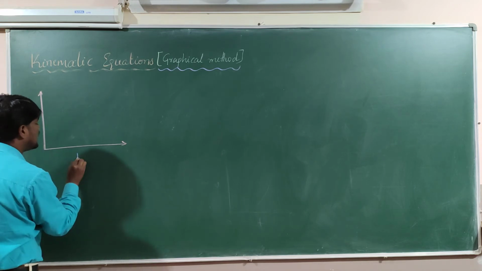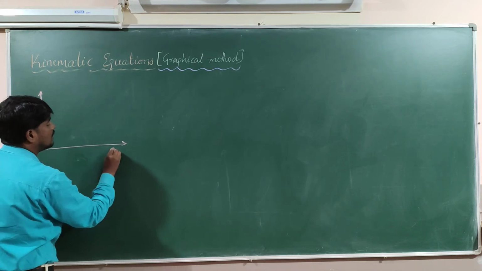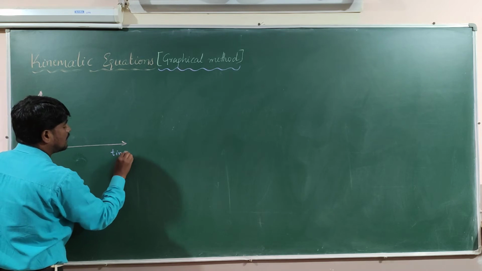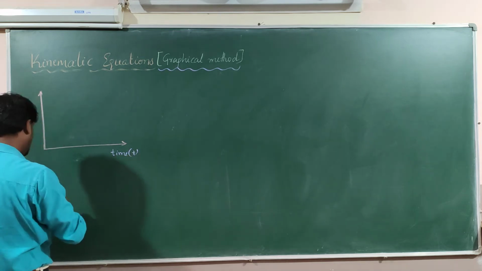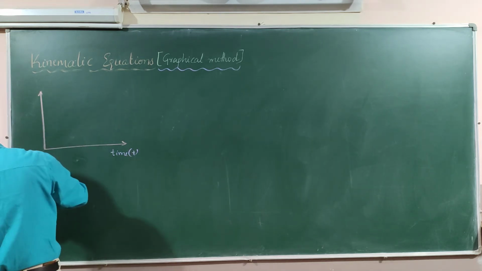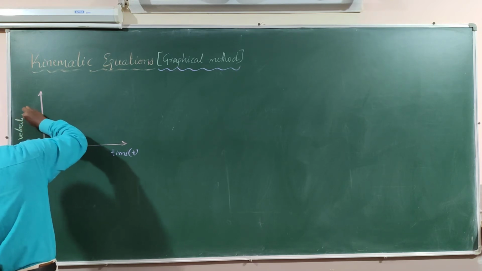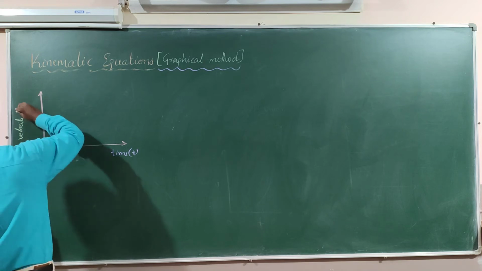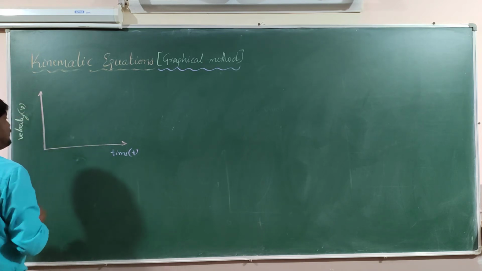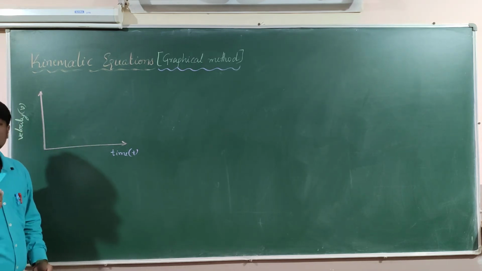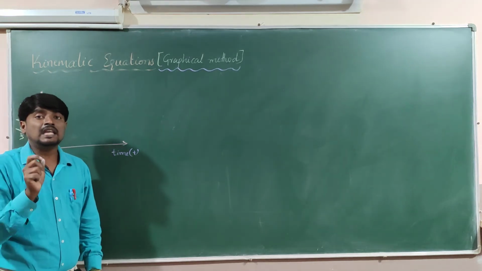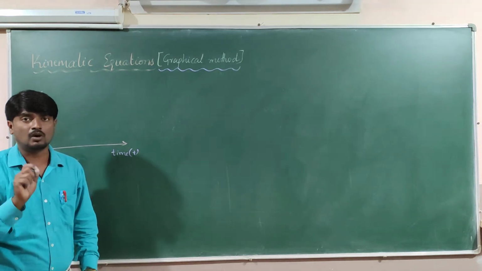So this is indicating time. I can write just a t. Now here I will take velocity, v. Here I have to consider the initial velocity of the object.